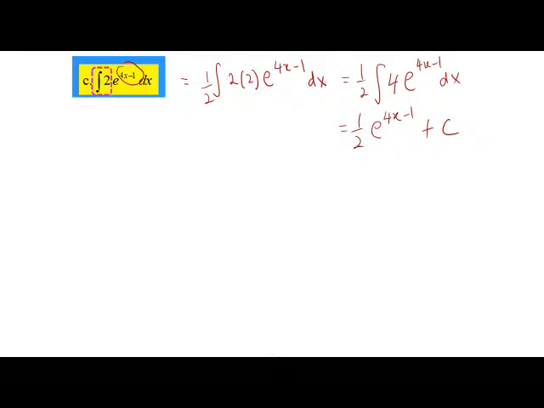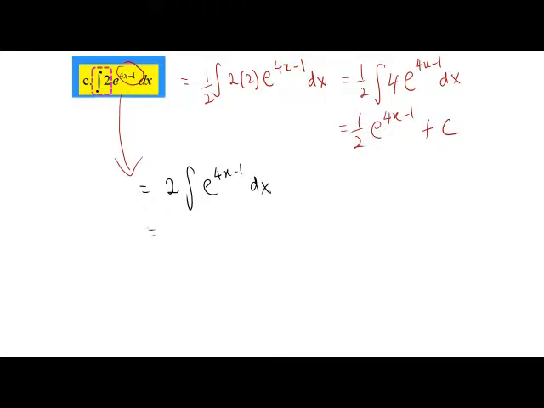Or alternative method here, you may also integrate like our previous slide. In this case, you may factorize 2 outside the symbol of integration. So it will be equal to 2 integration of exponent 4x minus 1 dx.